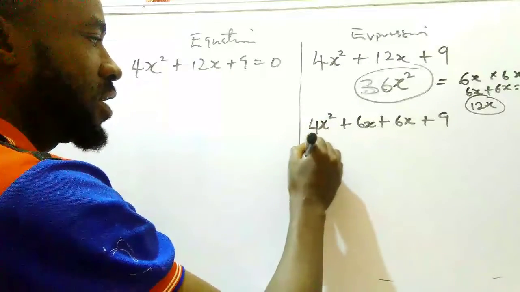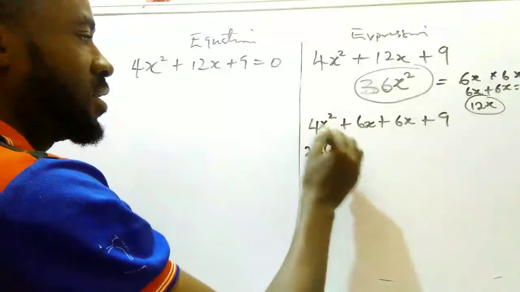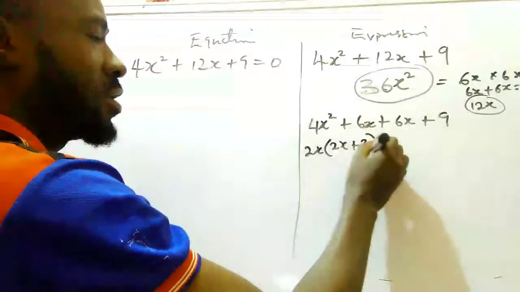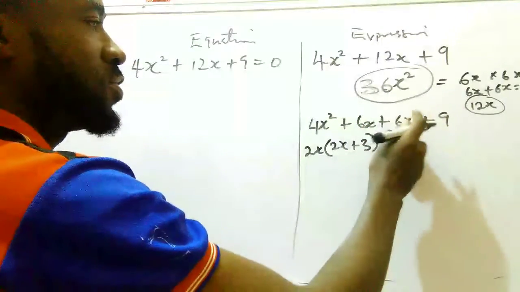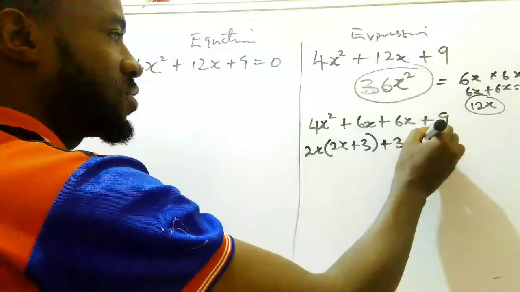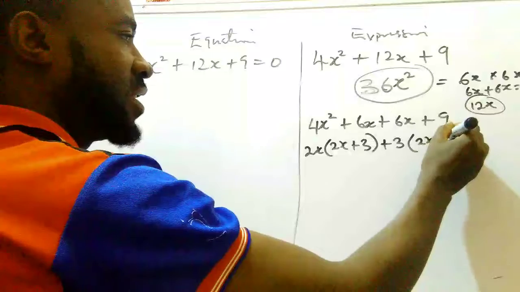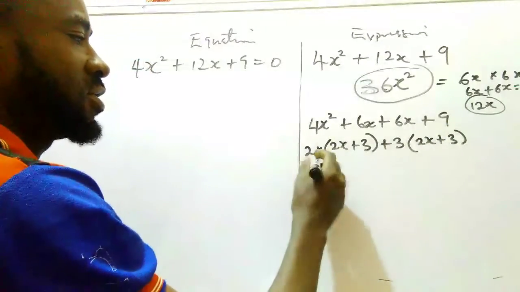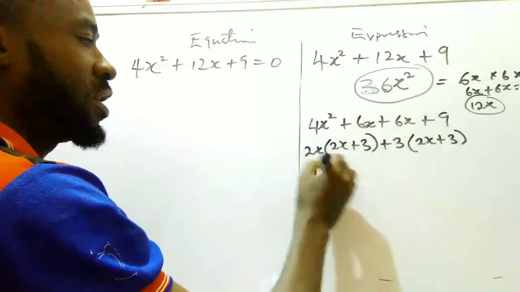What's common here is 2x. And then we're left with 2x plus 3, since 6x divided by 2x is 3. What's common between these two is 3. I bring it out, 6x divided by 3 is 2x, 9 divided by 3 is 3. Now, these two outside the bracket, we're going to group them together.